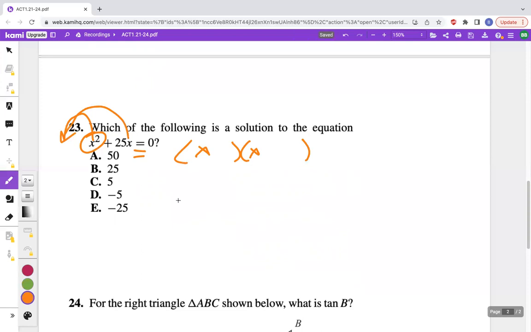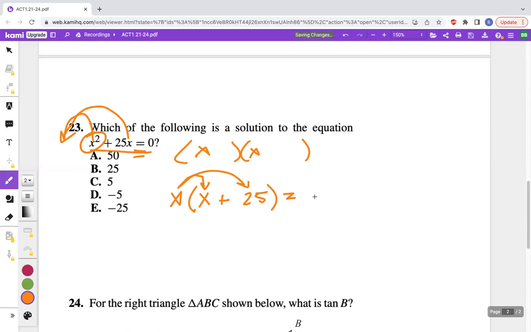When we pull an x out of both of these, the x squared, you can think of it just as dividing by x. So x squared becomes x, plus 25x divided by x is just 25. If we distribute, we get the same expression back.